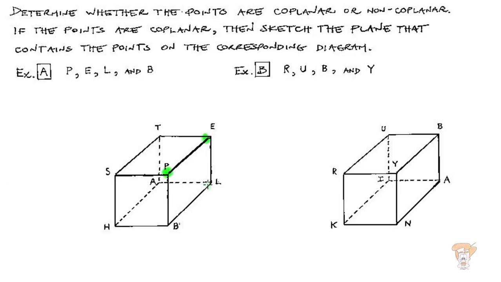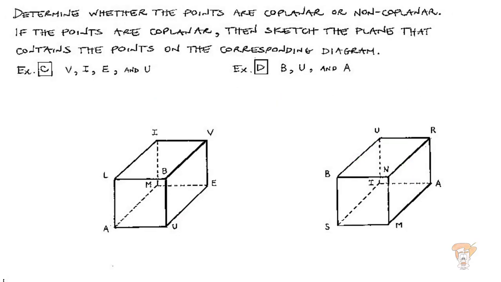P, E, L, and B can be contained by a flat surface. Therefore, P, E, L, and B are coplanar points. R, U, B, and Y can be contained by a flat surface. Therefore, R, U, B, and Y are coplanar points.